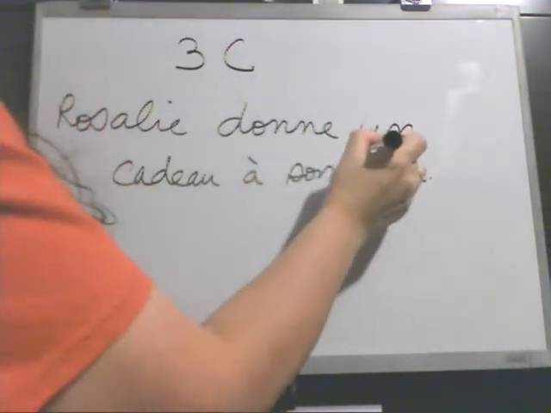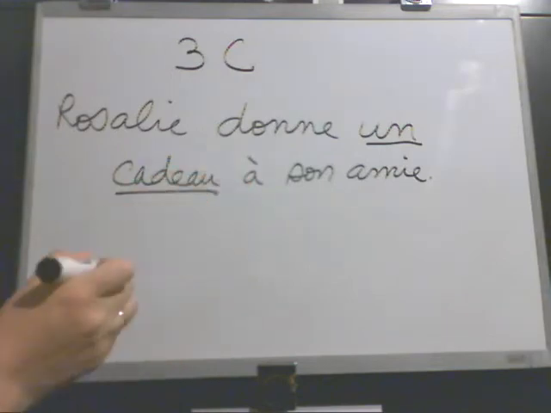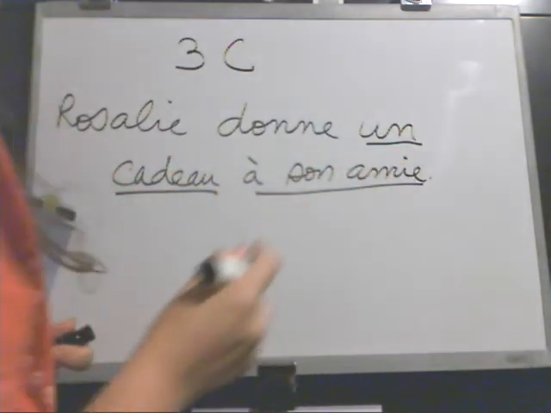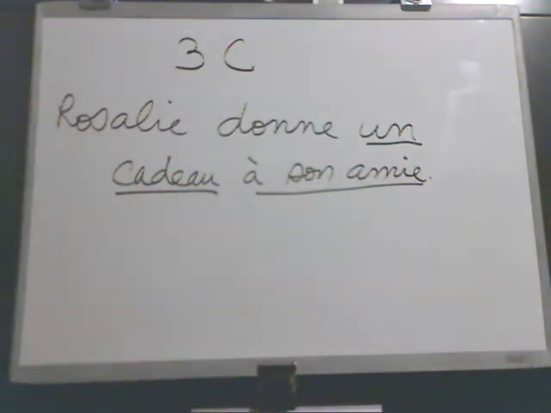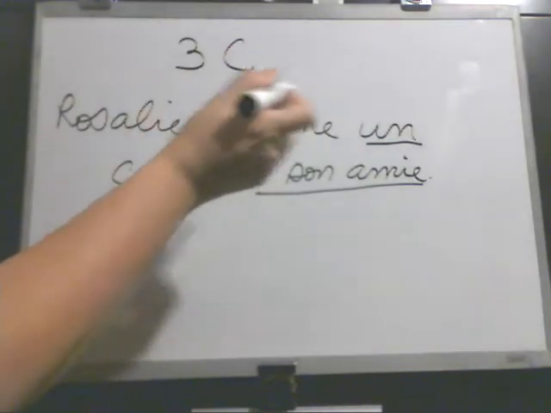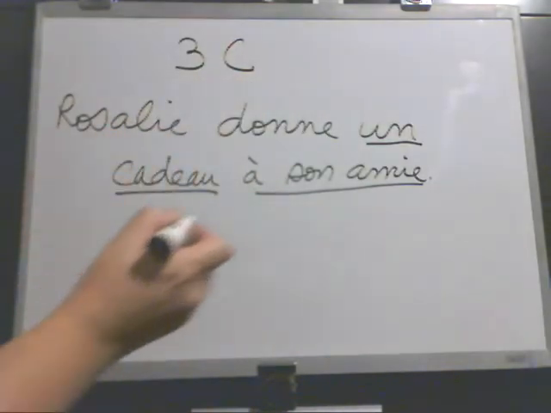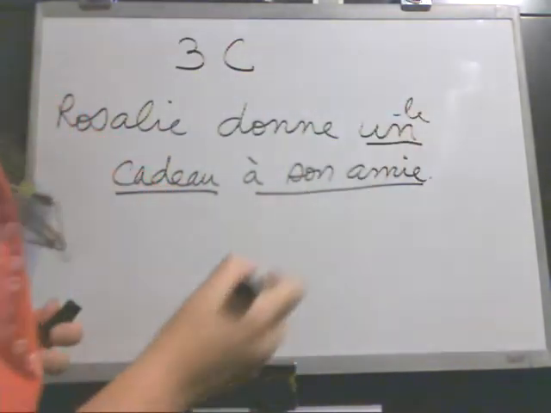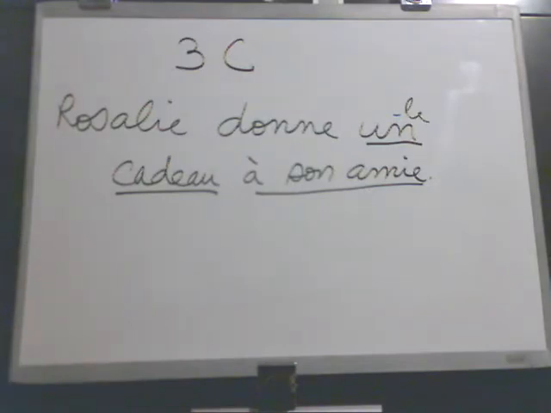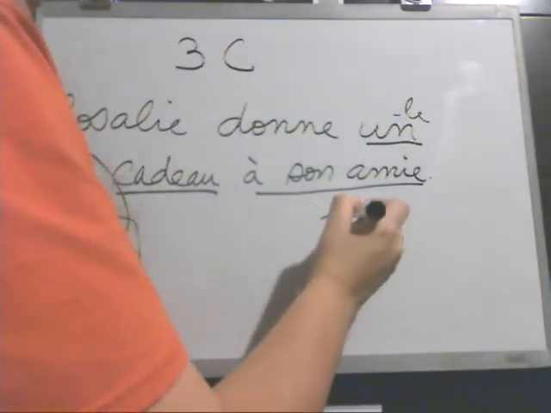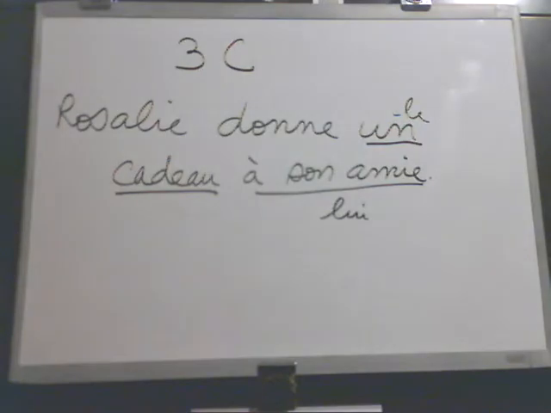So we have un cadeau, a direct object pronoun, and à son ami, an indirect object pronoun. So first of all, we need to look at what do we replace these pronoun objects with. Un cadeau has to be replaced with le, and à son ami is replaced with lui, because I can't show that she's feminine or masculine with just the lui.